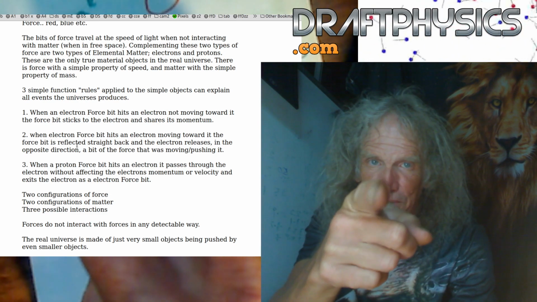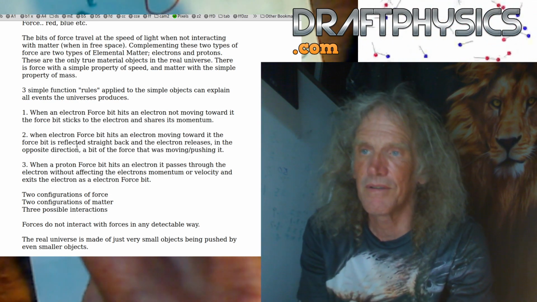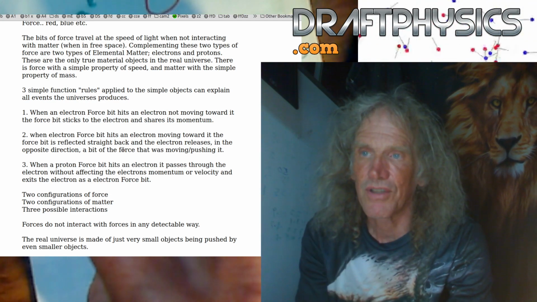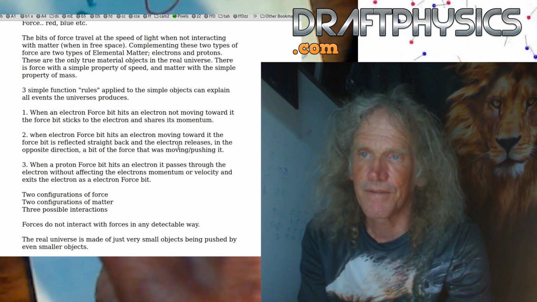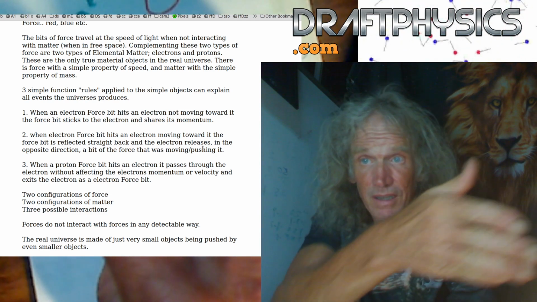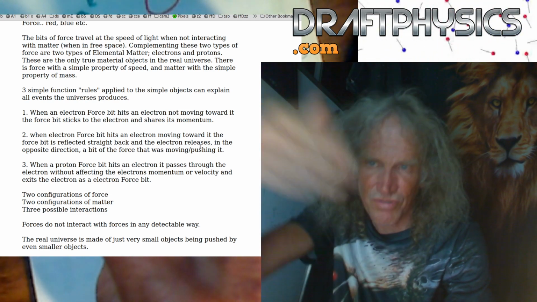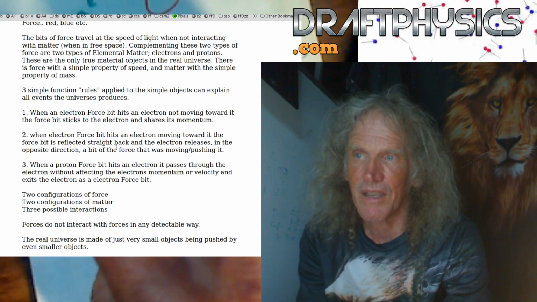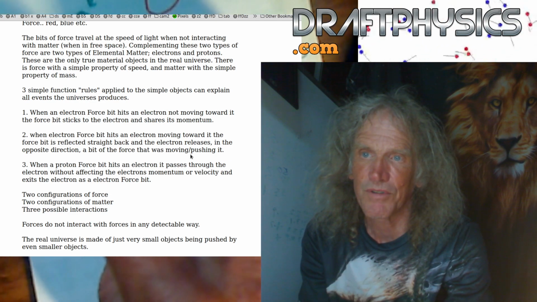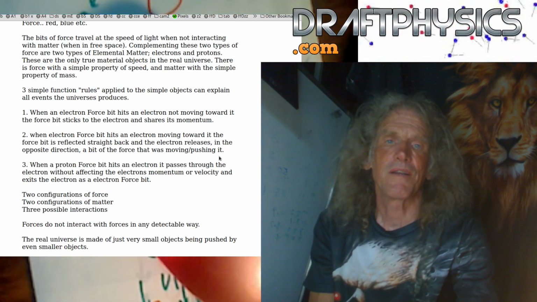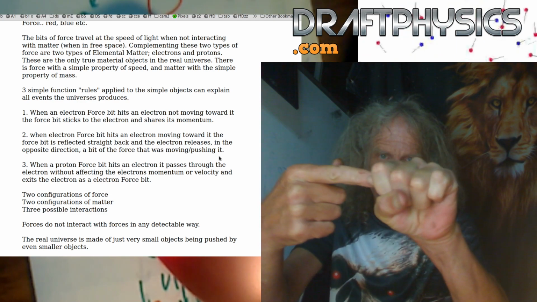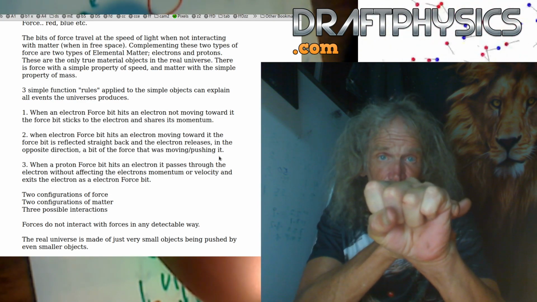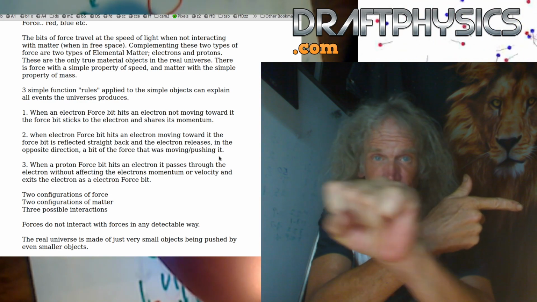The little force bit reverses its direction, just as if two kinetic balls are hitting each other. The electron shoots off the extra bit of force that was pushing it in the opposite direction. So one of the pushers leaves, and now the electron moves slower.